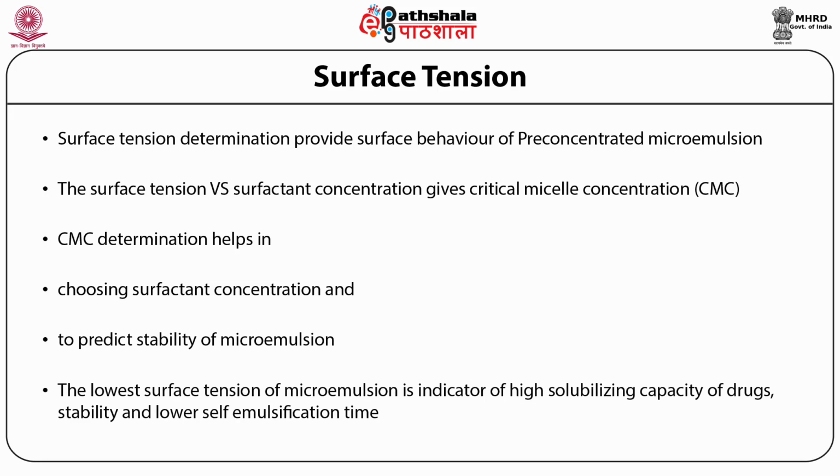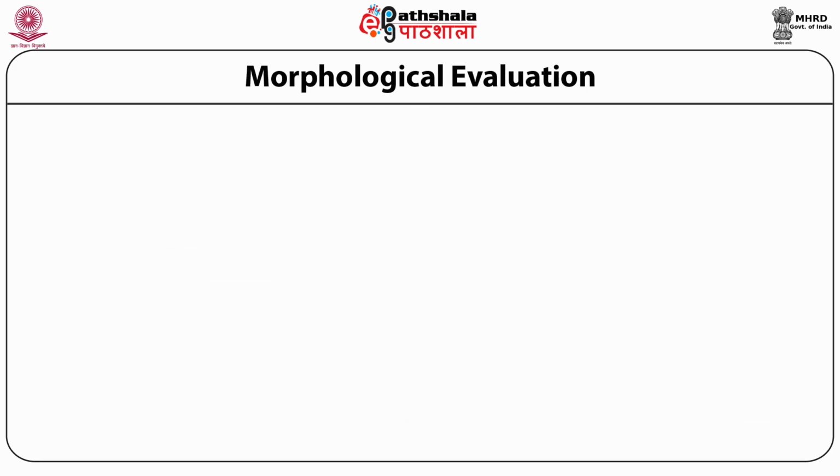The lowest surface tension of a microemulsion is an indicator of high solubilizing capacity of a drug, stability and lower self-emulsification time. The morphological evaluation of a microemulsion is conducted with the help of transmission electron microscopy.